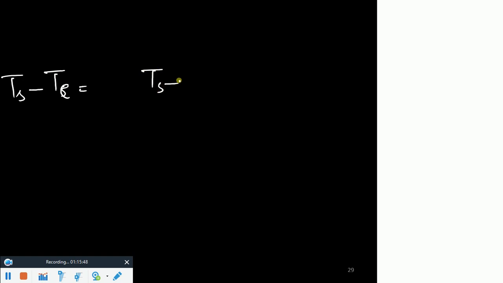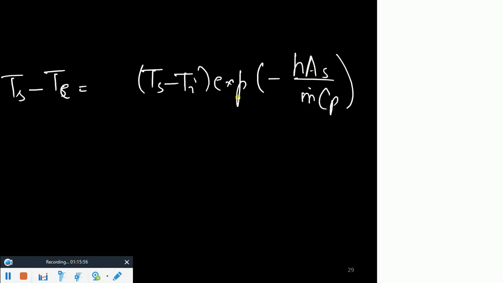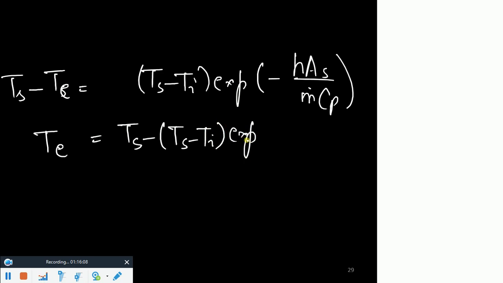This would become Ts minus Ti exponent of minus HAs over m dot Cp, and if I write this Te thing over there, so this would be what? Ts minus Ti exponent of minus HAs over m dot Cp.